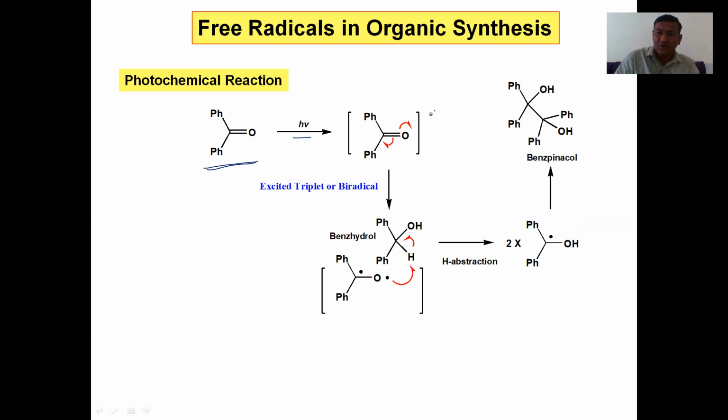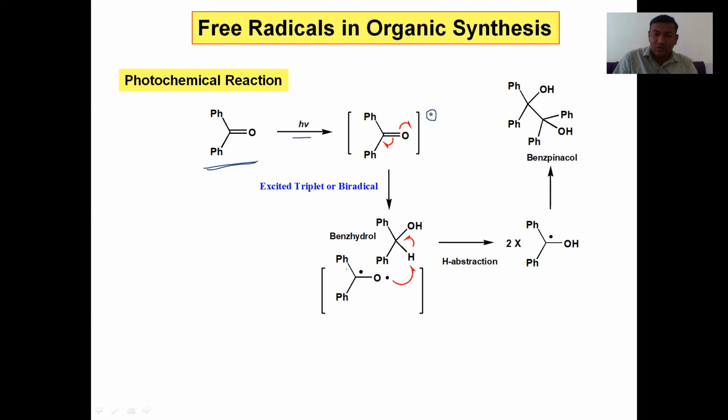This is the symbol of excitation, the star mark. It means whatever electrons are present in this carbonyl group, they get excited from singlet to triplet. Understand? And what will happen? So excited triplet or biradical formation, and there will be formation of this one.